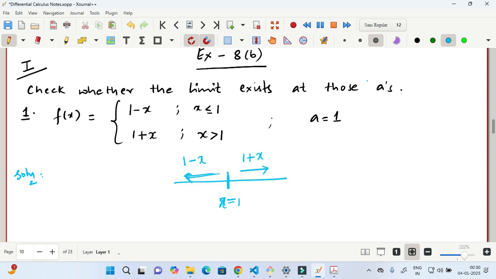We have to check whether the limit exists at this point or not.